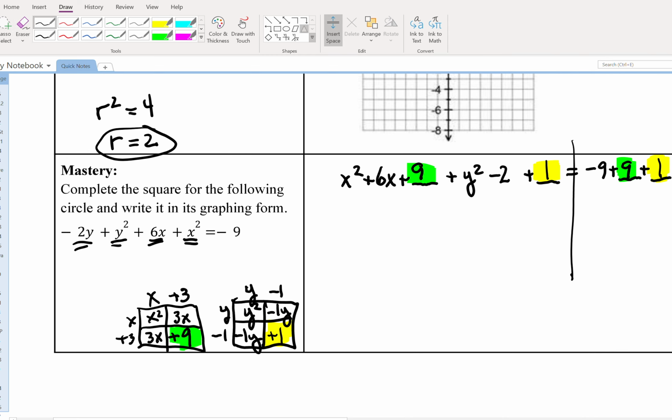All right, and so now I can factor it. This is x plus 3 squared, coming basically from this right here, x plus 3 times x plus 3. So that's just x plus 3 squared.